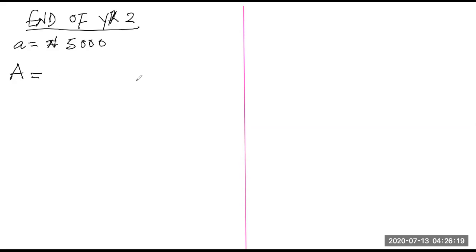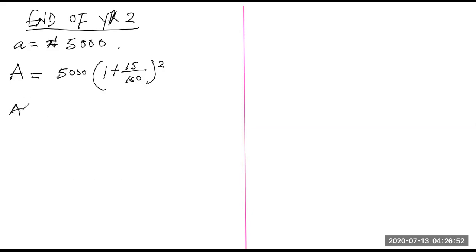So using the same compound formula, 5,000 can be compounded for 1 plus 15 over 100 raised to power 2, so n equals 2. It gives us 1.15 raised to power 2 multiplied by 5,000, and the person will have about 6,612 naira.